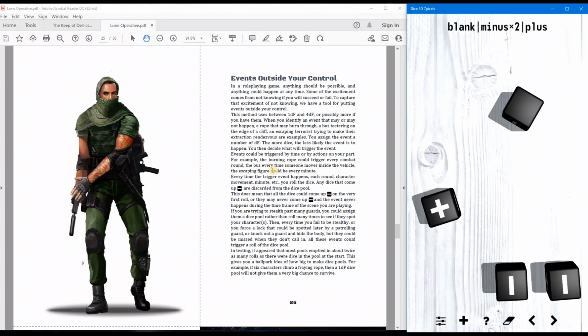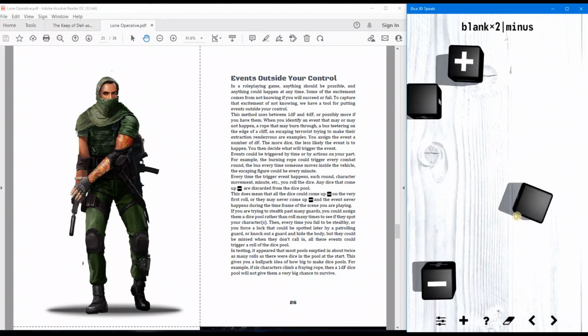Now, events outside your control are for things where you don't know when something's going to happen. If you're fighting on a burning gantry, or a collapsing gantry, you don't know when it's going to collapse. So what I would do is give it a number of dice. Say we start with 4 dice.